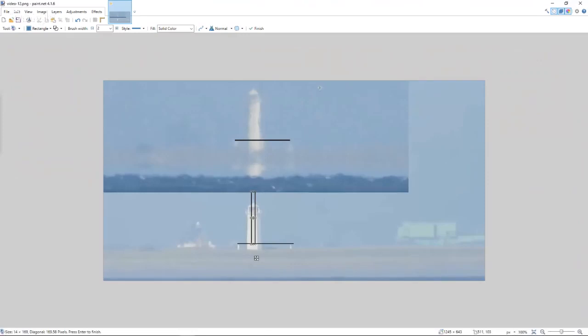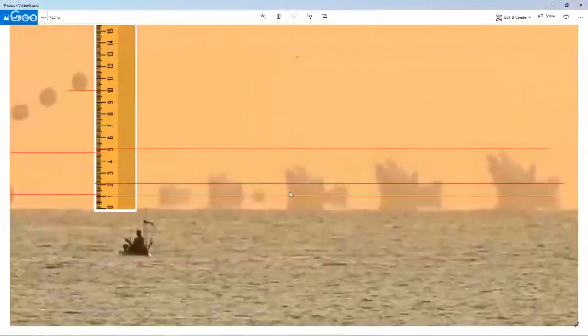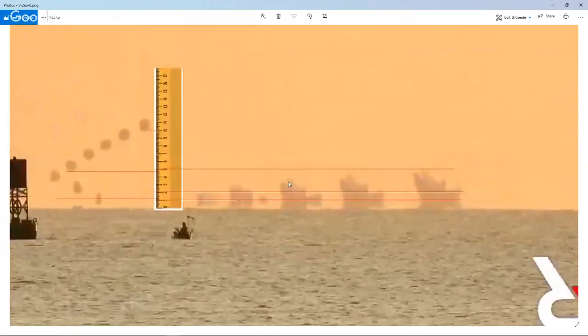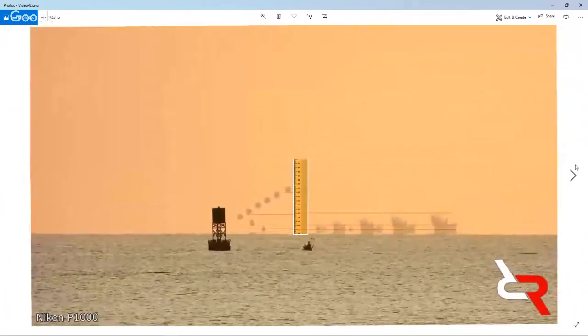And what we're going to do is measure the distance between these 4 frames on the splash, right? So we've got from 2.1 to just over 5.05. So that's the difference. That's how much the splash has taken up over 4 frames, right?